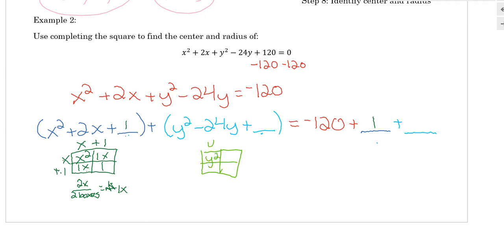Y squared is y times y. Negative 24y divided by our two boxes equals negative 12y. So negative 12 goes into those two boxes. So I have y minus 12 and y minus 12. Negative 12 times negative 12 is positive 144.